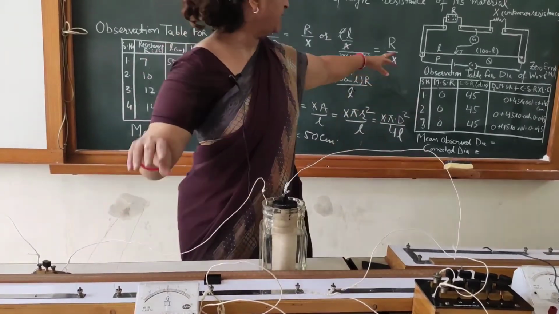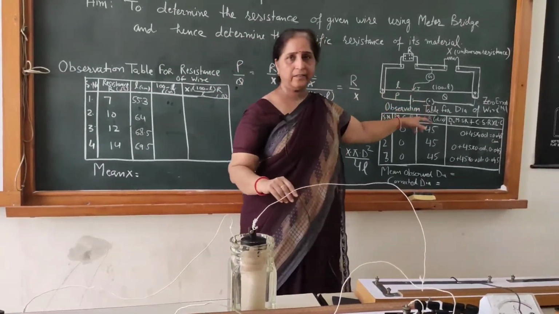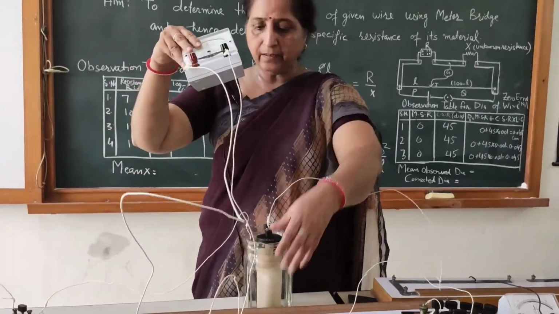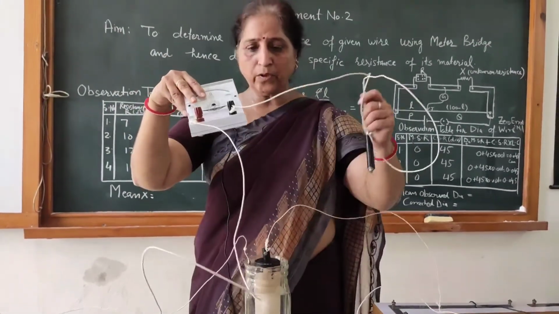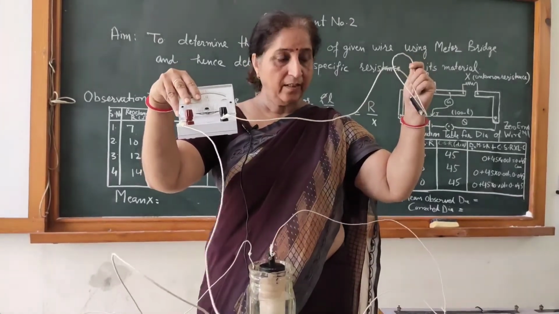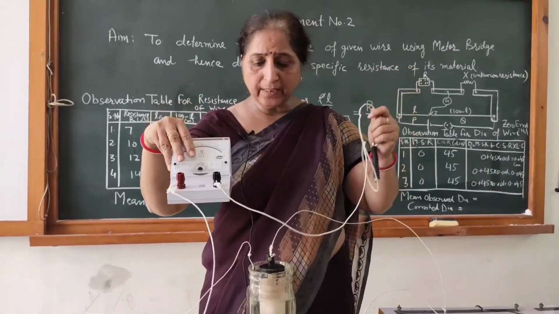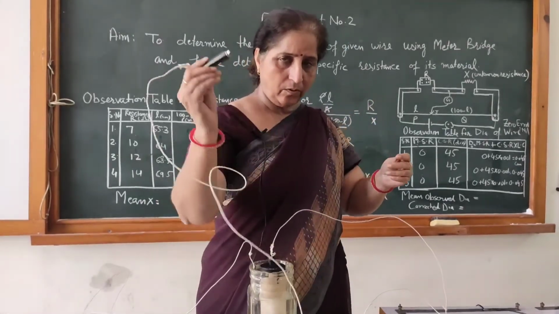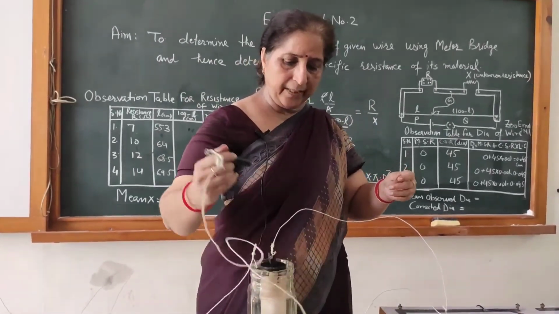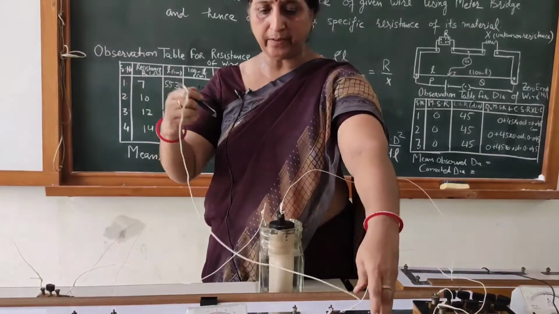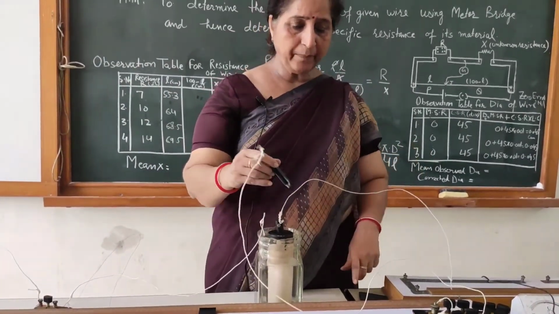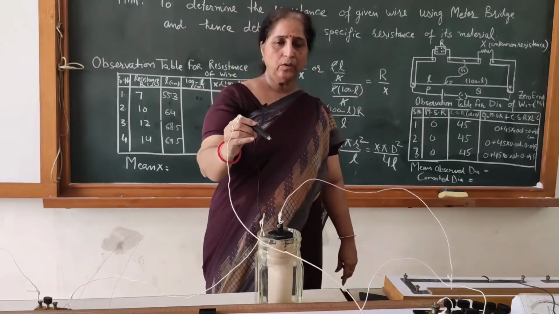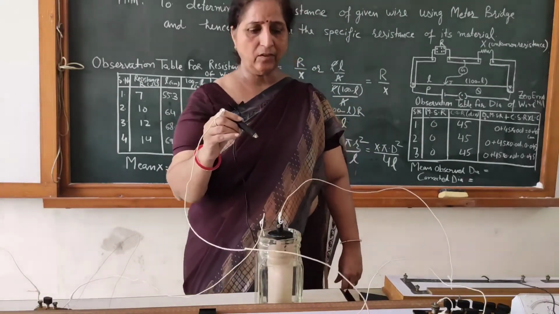And at the center, the galvanometer is connected, and this is the jockey which is attached. This jockey we shall move over this wire to determine the position of the null point. But before performing the experiment, you have to check whether the circuit is correct or not.